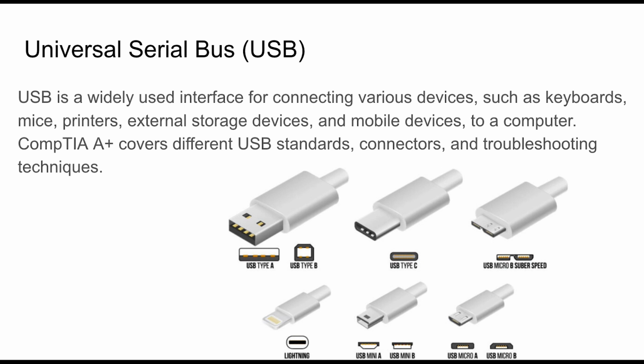USB is a widely used interface for connecting various devices such as keyboards, mice, printers, external storage devices. Pretty much all these connections are interchangeable as long as the thing. I always kind of equate it to when you watch little kids or when you see scientific experiments and they have monkeys fitting blocks in the slots.